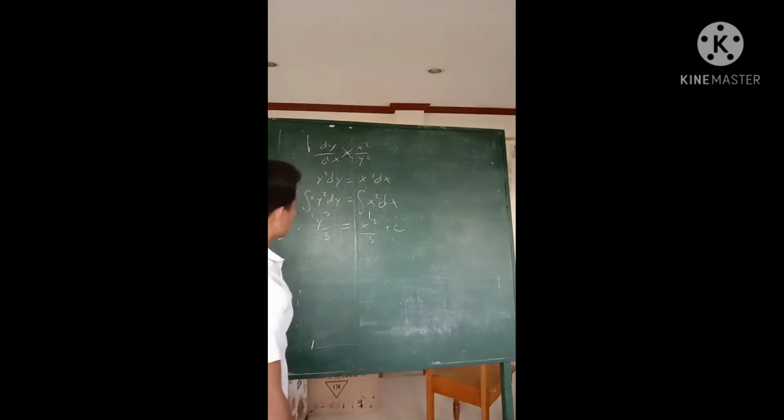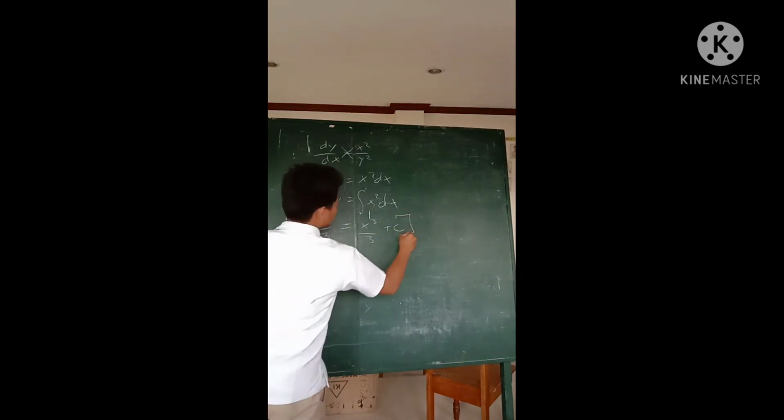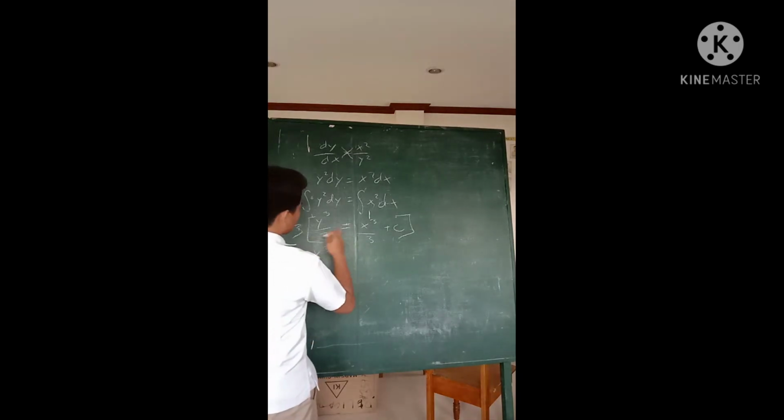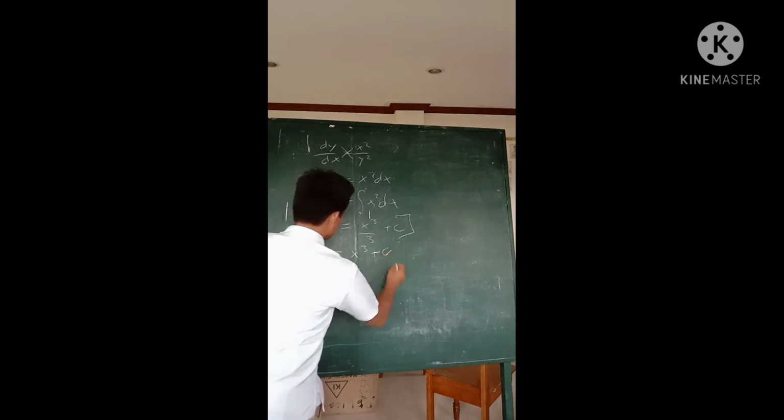So we can also multiply both sides by 3. So y cubed equals x cubed plus c.